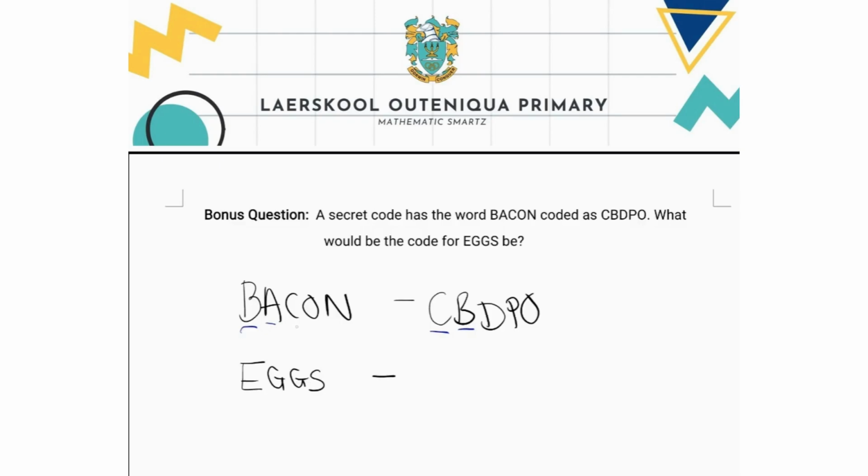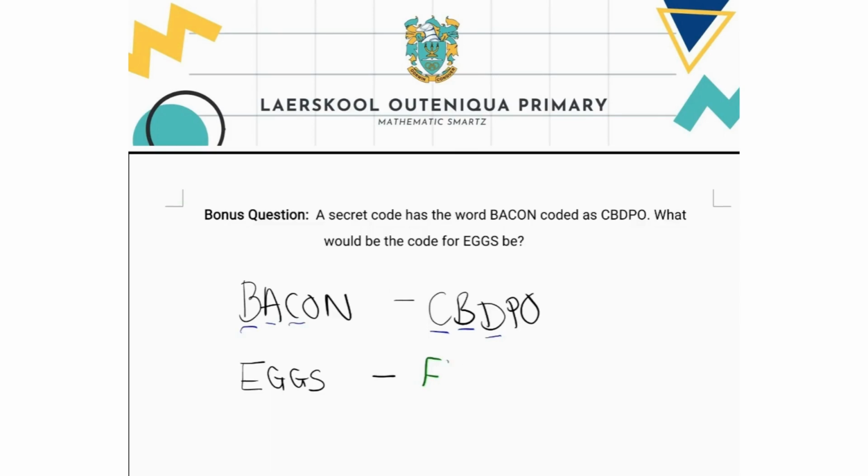What comes after the letter C in the alphabet? It's D. Therefore, what would the code for eggs be? Well, what letter comes after E in the alphabet? That's right, it's F. Now what about the G?